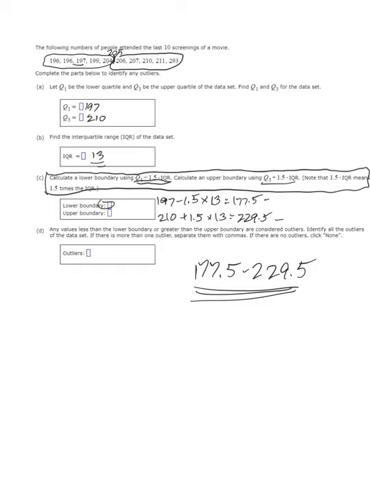Anything outside of these numbers on either side is what we call an outlier. It tends to not really fit with the rest of the data. And so the only number that looks out of place is that 293. If you notice these other numbers, they're all relatively close together, but 293 is definitely out of our range here. And so we'd say 293 is our outlier.